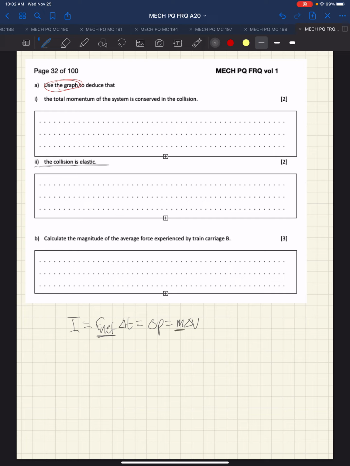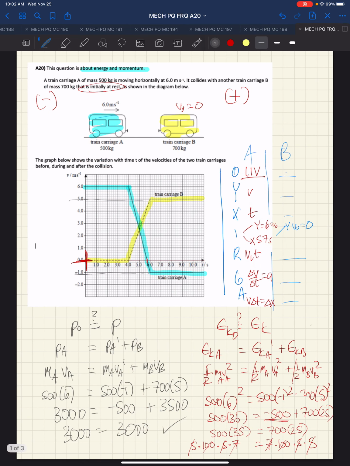We know the mass of B, and we know the change in velocity of B. And what we are looking for then is the change in time. So the F net will be equal to M delta V over delta T, the definition of the rate of change of momentum. So we have the mass of carriage B, which is 700, and it goes from 0 to 5, 5 minus 0.